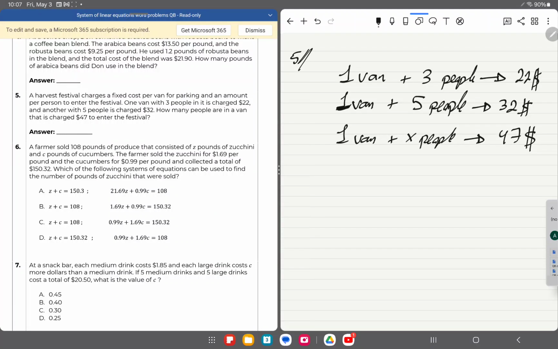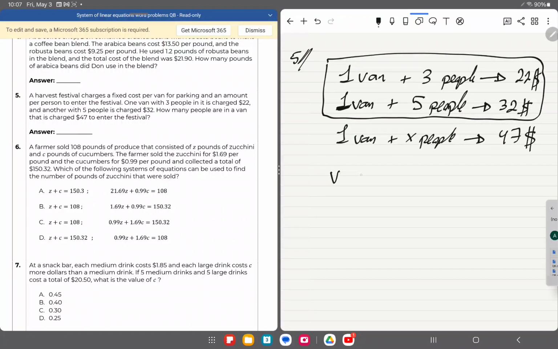The first thing to consider is solving this system: van plus 3 people is equal to 22, and van plus 5 people is equal to 32.